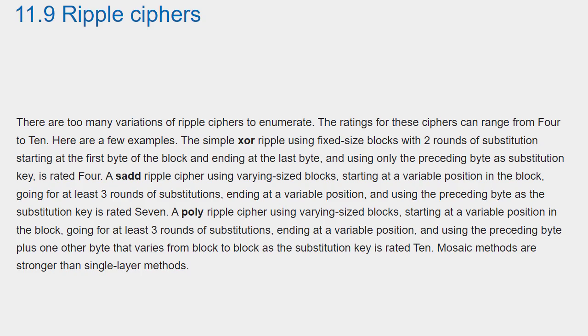A polyripple cipher using varying size blocks starting at a variable position in the block, going for at least 3 rounds of substitutions, ending at a variable position, and using the preceding byte plus 1 other byte that varies from block to block as the substitution key, is rated 10. Mosaic methods are stronger than single-layer methods.